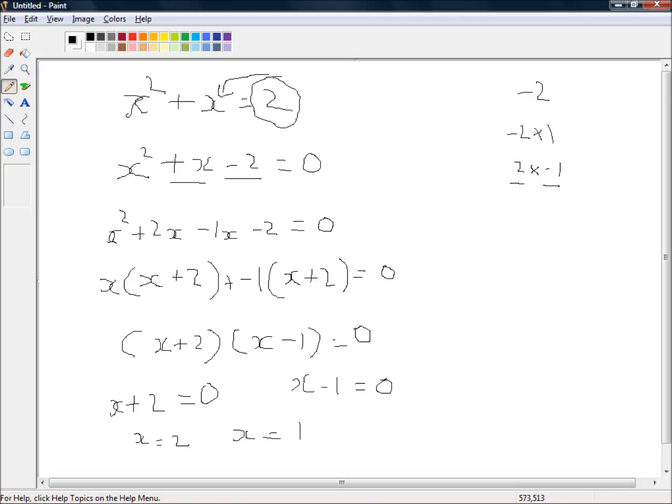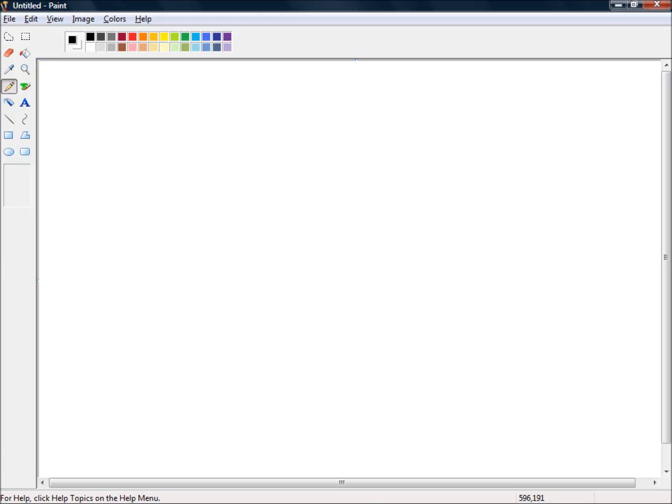So our solution set is x equals 1 or x equals negative 2. Okay, let's try one more example. Let's try something like 2x squared minus x is equal to 15.